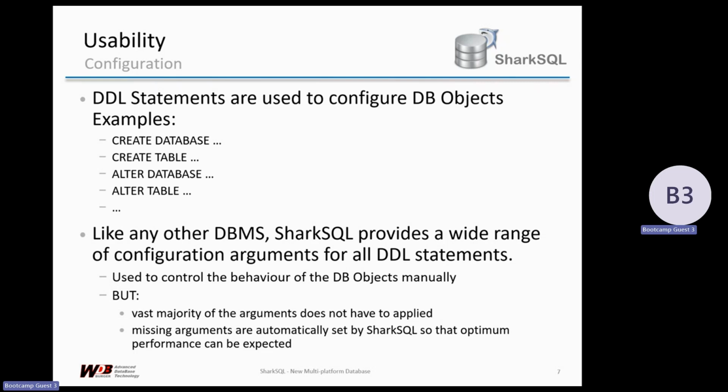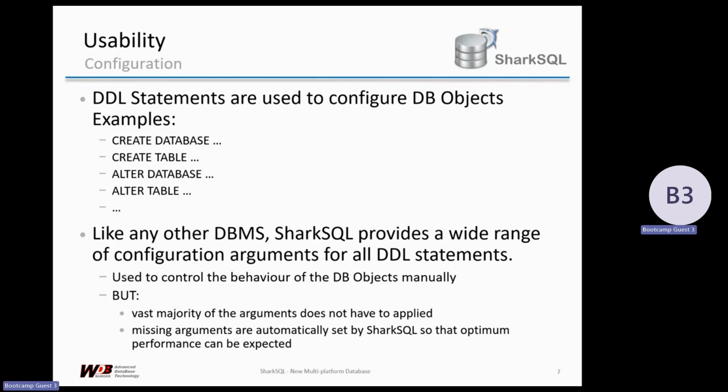So SharkSQL works in the same way as the DDL commands from Postgres, MariaDB, or something like that. But the vast majority of the attributes don't have to be applied. If you create a database in SharkSQL, it's sufficient to say create database and define the default directory. That's it, and it optimizes itself. There's always a rule-based optimization behind it.